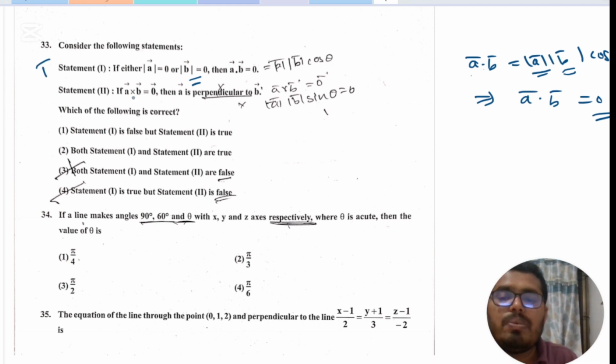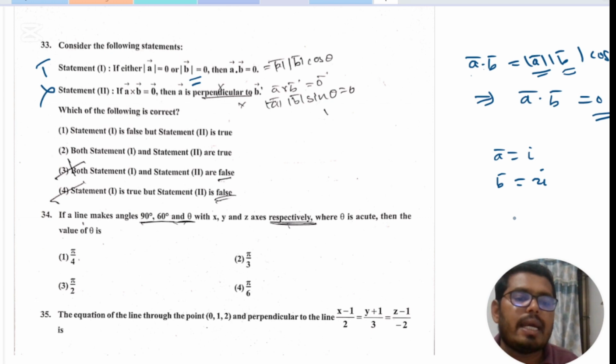Second is, if magnitude of A bar cross B bar is equal to 0, then A bar is perpendicular to B bar. It is not necessary. For example, here if you take A bar is i, B bar is 2i.